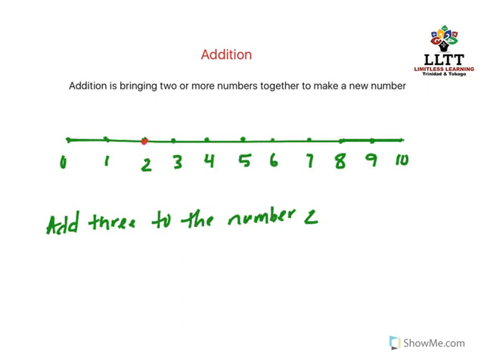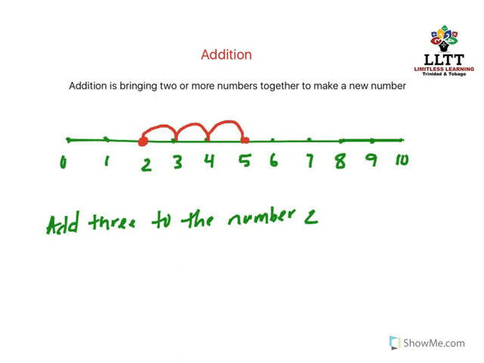I'm going to put a red dot at our number 2. When we're adding, we always move to the right. The number that we're adding, we move that amount of places to the right. In this case, we want to add 3 to the number 2, so we're going to move 3 places to the right: 1, 2, 3.